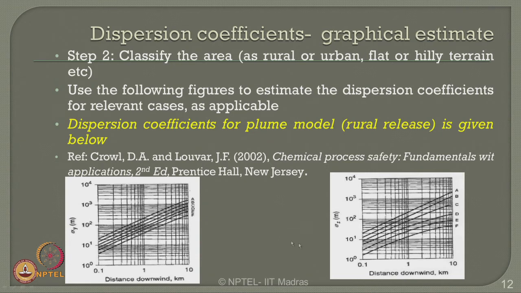On the other hand, if you know the downwind distance where you want to calculate the dispersion coefficient and the stability class is known, then depending upon the downwind distance in kilometers, draw a vertical line, intersect it with the respective stability class line and project it horizontally to get your dispersion coefficient, maybe sigma y or sigma z, which you need to use in the release model equations shown in the earlier slides.